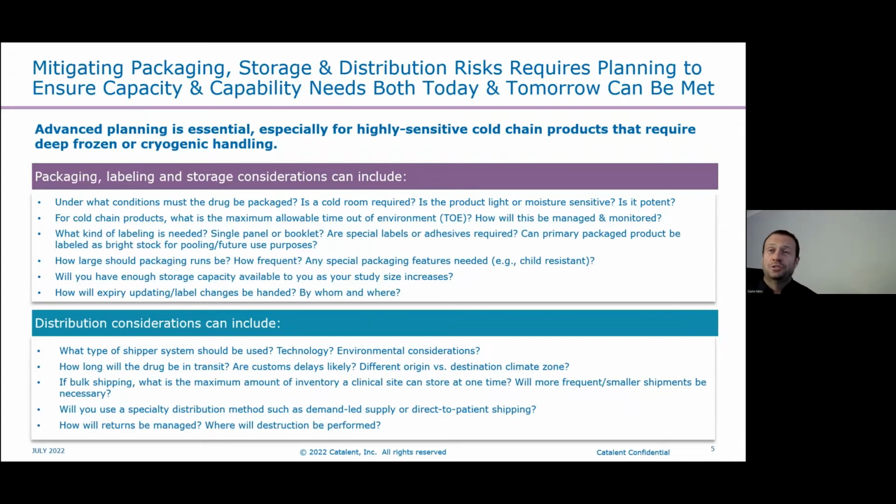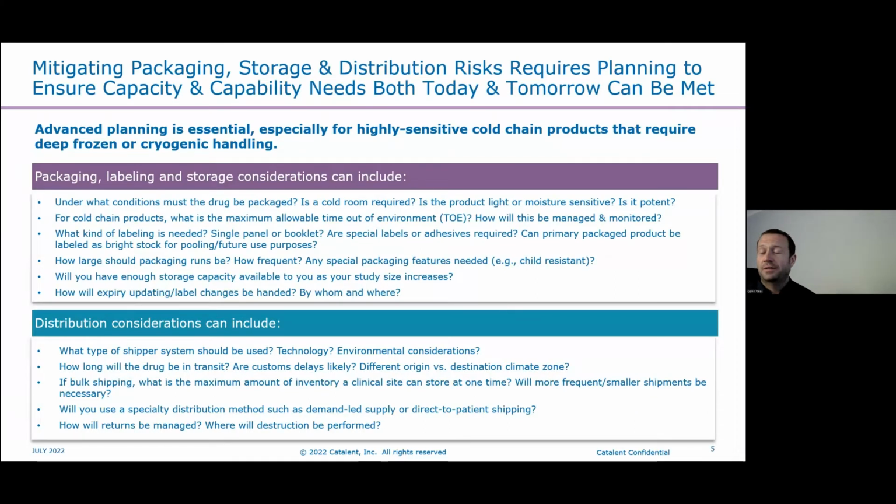Do you want to use a specialized shipper system or specialized couriers that can distribute to remote areas? If there is a limited drug supply, there are specialty distribution methods that we can use to reduce waste. We can also ship directly to the patient in some regions of the globe, straight from the clinical packaging site to the patient, to support patient retention in the trial.